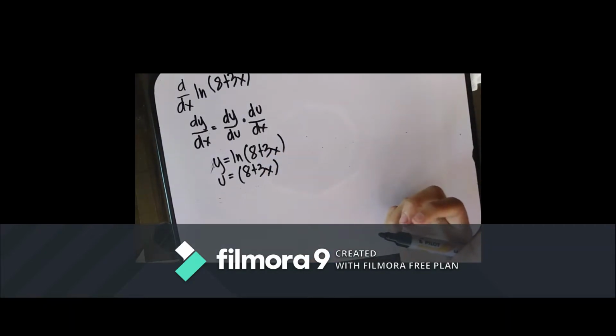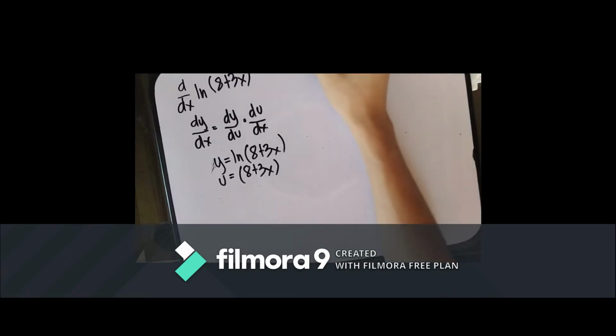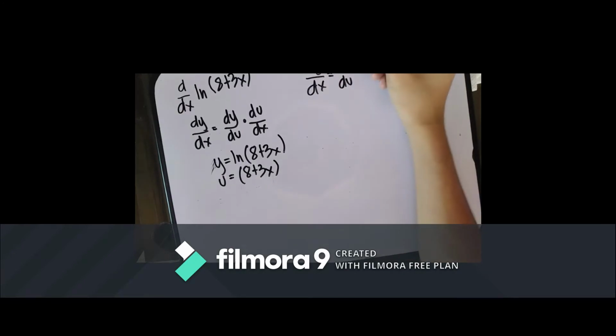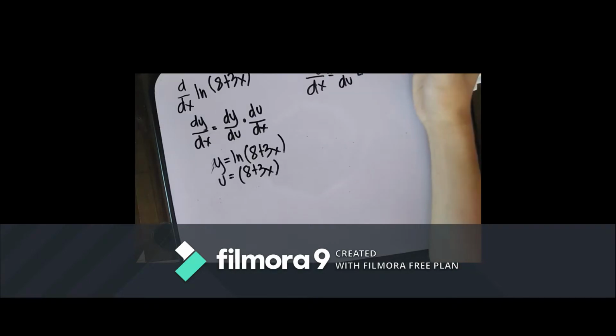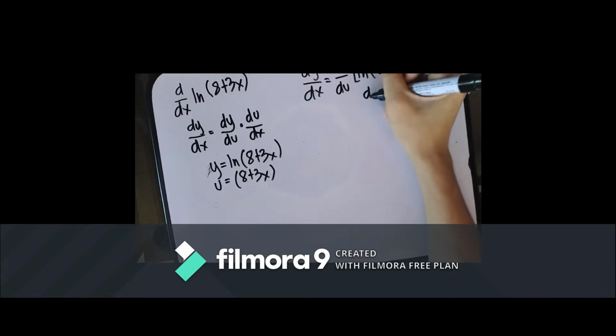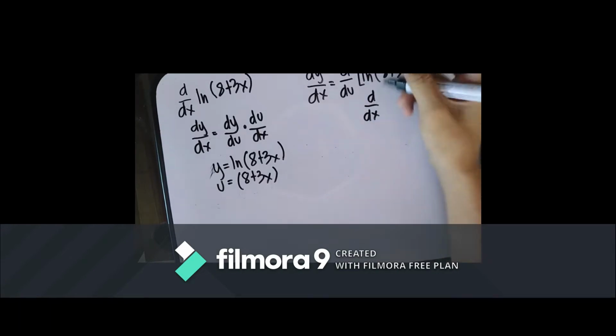Substitute the y and u in the formula dy over du times du over dx, which equals d over du of the natural logarithm of u times d over dx of 8 plus 3x.